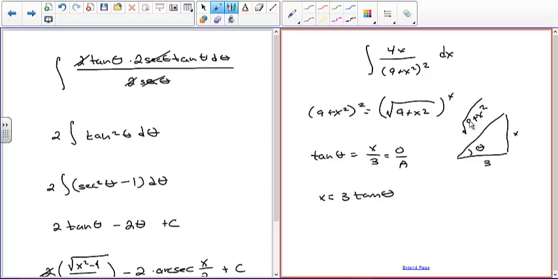And I think we had a problem like that, didn't we? We used one of these previous problems. We used the tangent substitution. It was the first problem. So if you go back and look at the first problem, you can pretty much find the substitutions that you need if you get stuck.